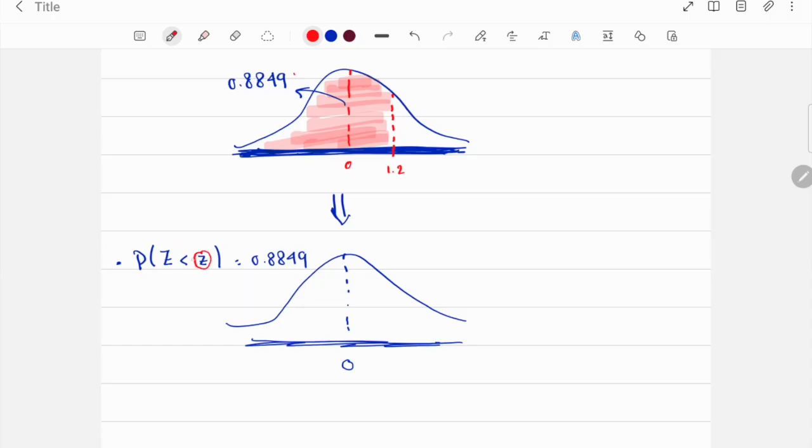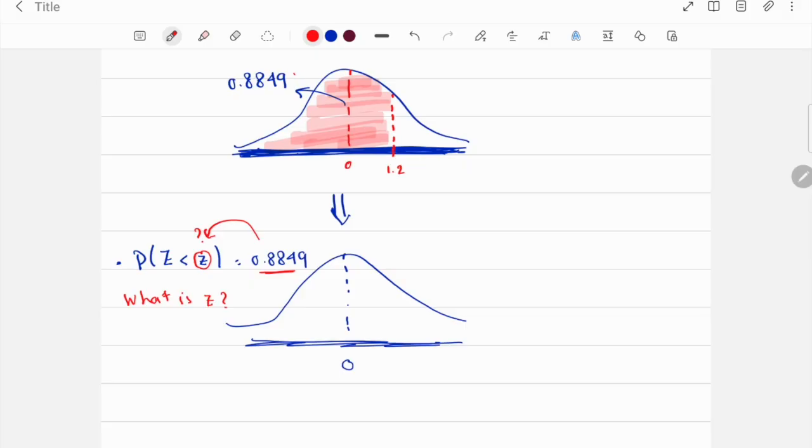If the probability of Z less than small z is 0.8849, what is z? Now I give you the probability, and I need you to give me the z value such that all of the Z is less than this z value.